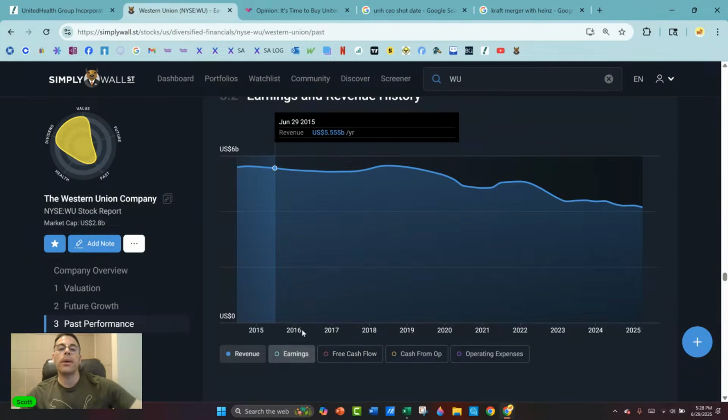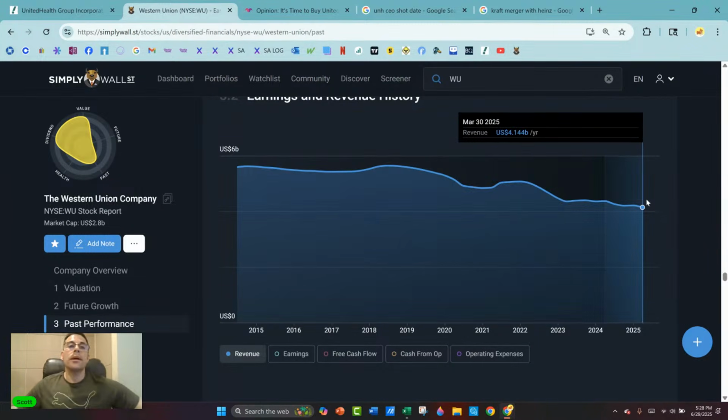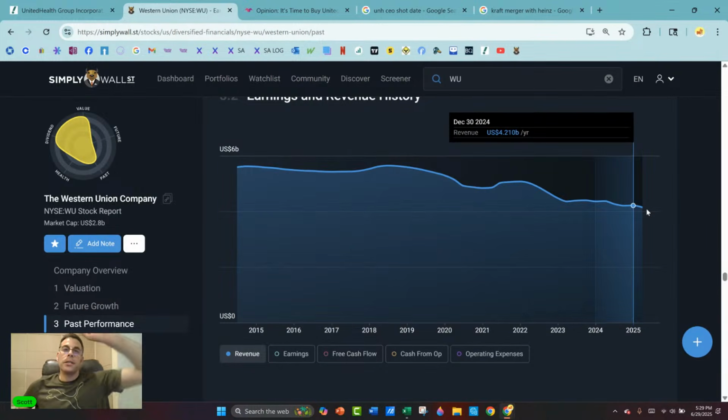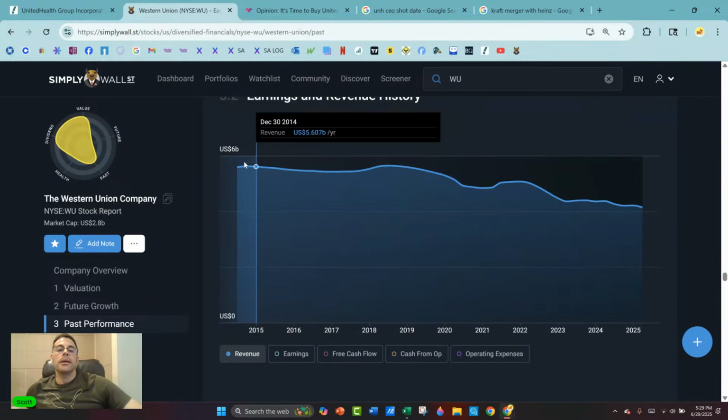technology, payment processing companies like PayPal, who uses Western Union outside the U.S.? But in the U.S., I'm sure they have plenty of business, but much less than they had in the 80s and 90s.